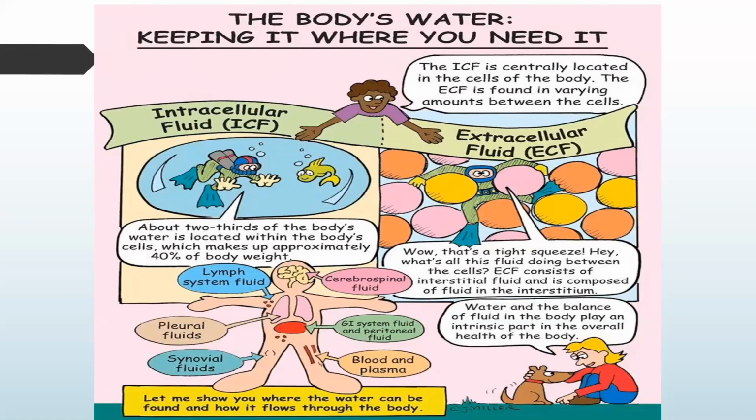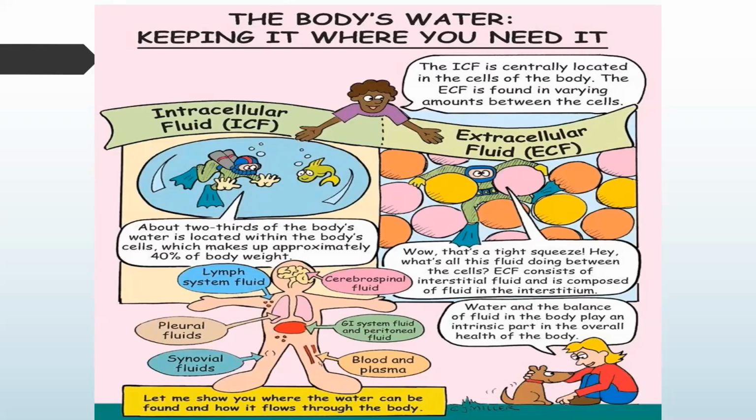Your PowerPoint describes how much body fluid is contained. Intracellular is the compartment inside the cells, and extracellular fluid is the fluid that's contained in the blood vessels or the plasma.